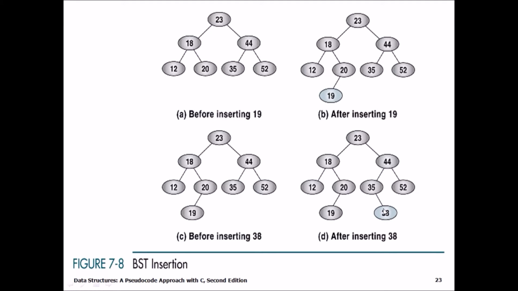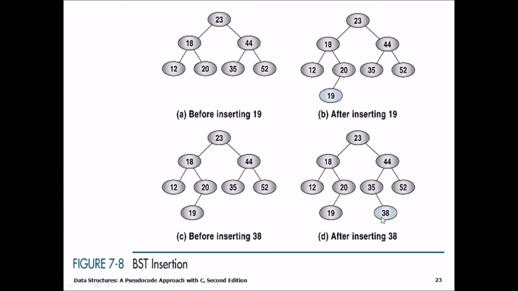Let me retell you that the number will be inserted only at a leaf, or at a node where only one subtree is there, either left subtree or right subtree. When we put 38, we need to put it on the right hand side, and 19 on the left hand side, because 19 is less than 20 and 38 is greater than 35.